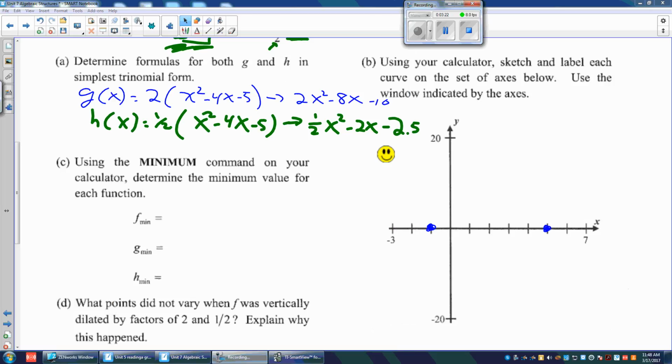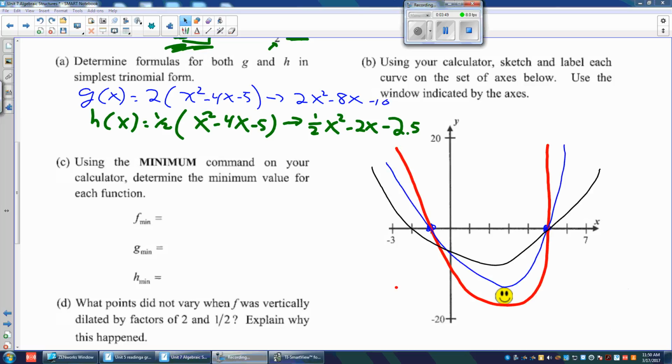Number one, all 3 of them have the same x-intercepts. Second fact is, how do we find the middle of the parabola, the turning point? Well, you just take the x-intercepts and count 1, 2, 3, 4, 5, 6. 6 divided by 2 is 3. 1, 2, 3. On that line is going to be where all the turning points of the parabola are.